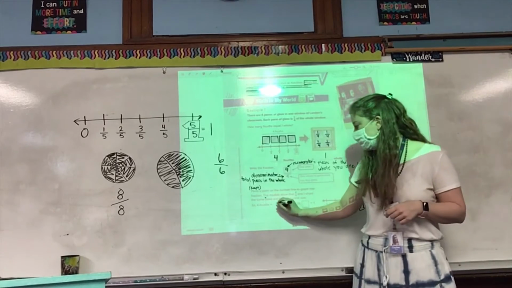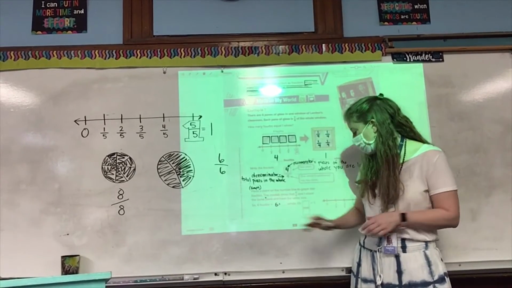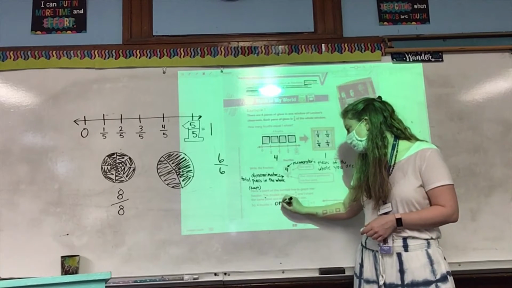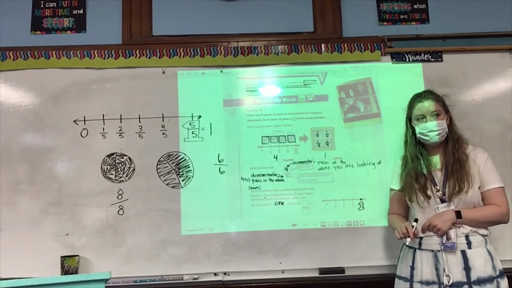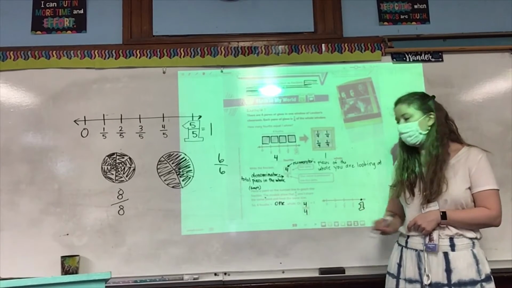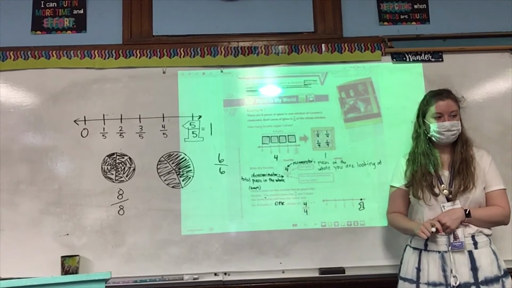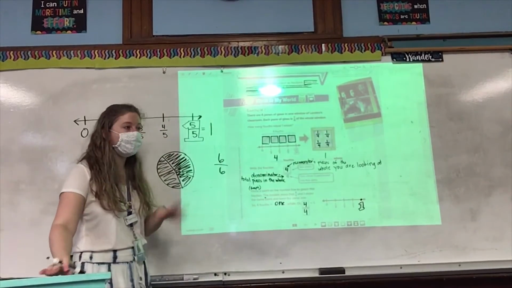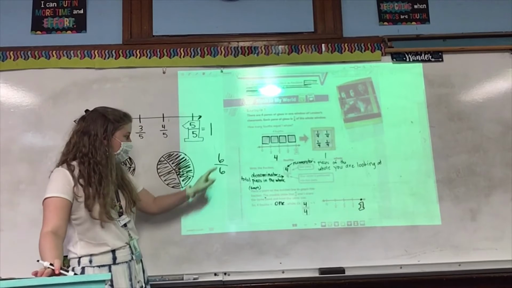So 4 fourths equals 1 whole, or 4 fourths equals 1.